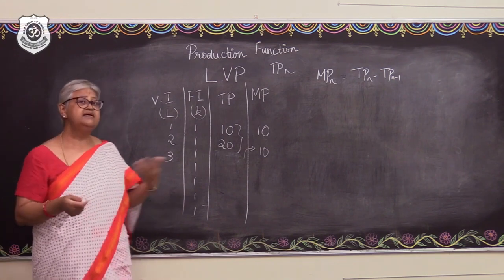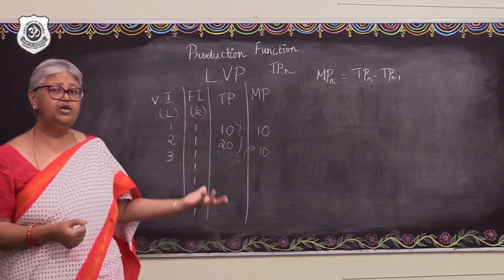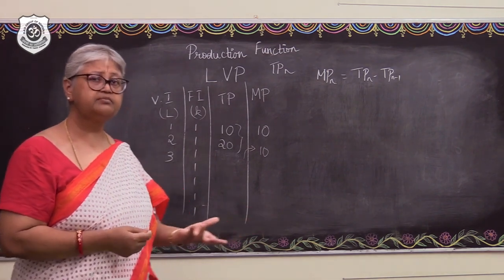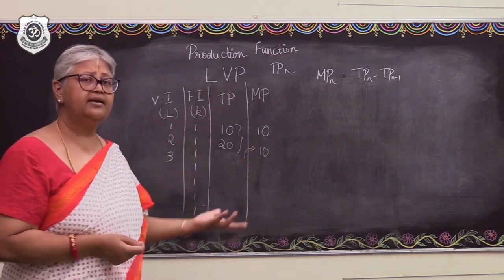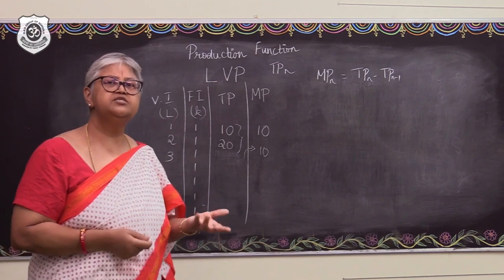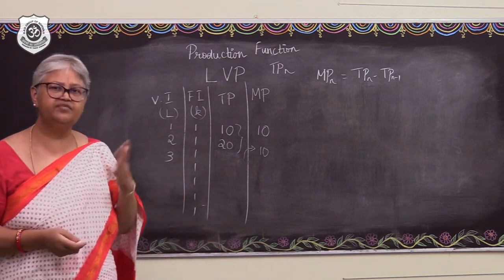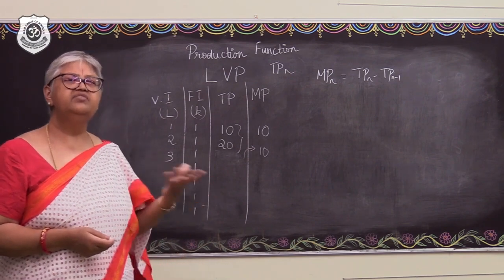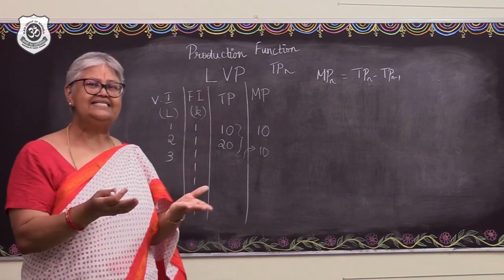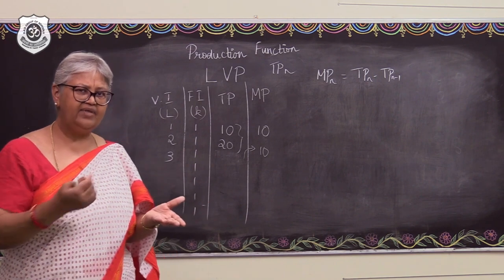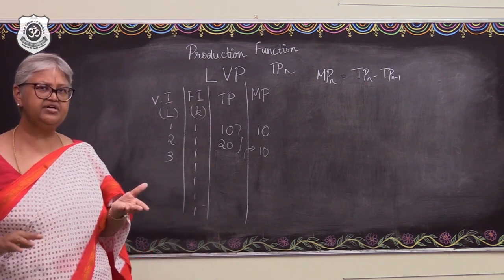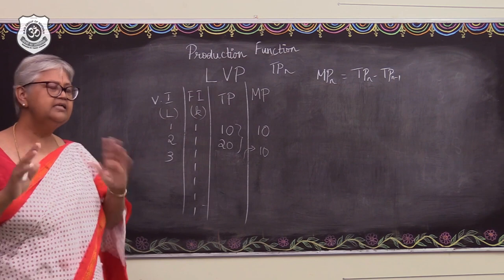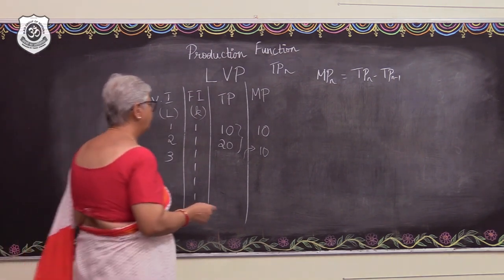What did we see as per the law? In the short run, even as your entrepreneur is going to increase the dosage of the variable inputs one after the other, initially the firm will have increasing returns, then decreasing returns, and then negative returns. So that's exactly what we are trying to understand.